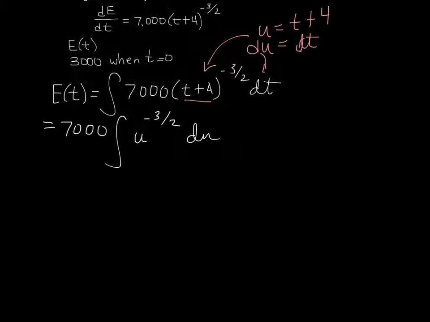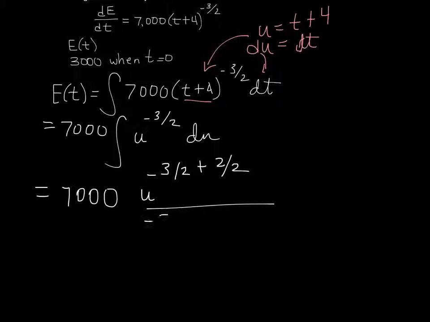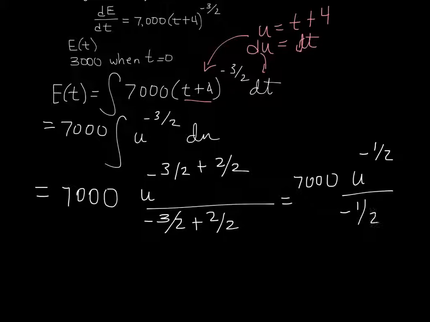Alright, so now I just use my formula that says to find the antiderivative, add 1. Well, adding 1 is adding 2 over 2, and the same thing on the bottom. So I get 7,000 u to the negative 1 half over negative 1 half.